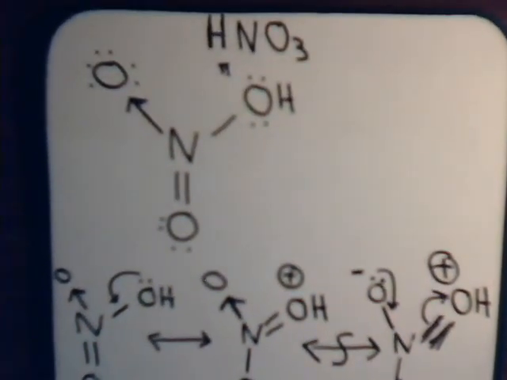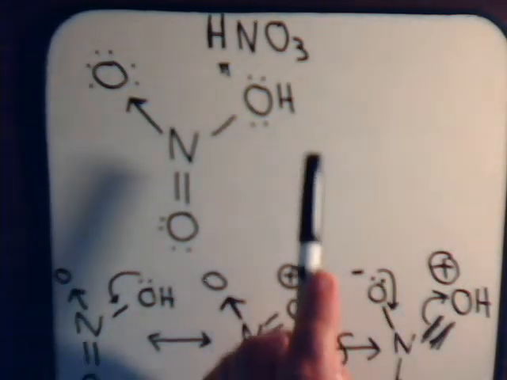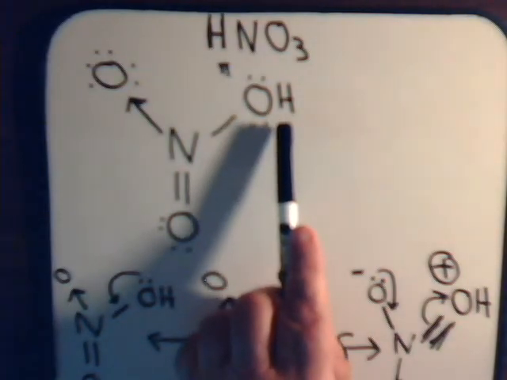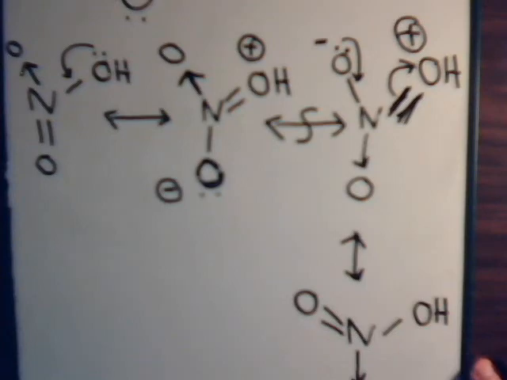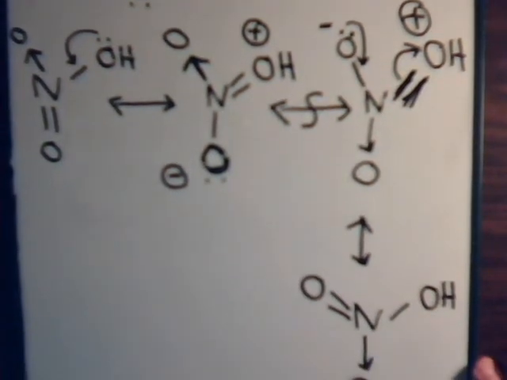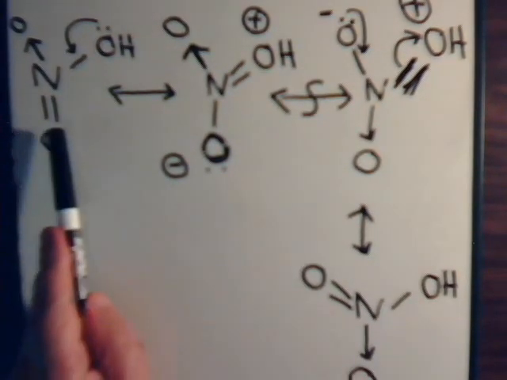So when these are all reasonable structures, this would lead us to believe that nitric acid, with a fairly decent resonance system, would be an inert molecule. What motivation would it have to lose that proton when it is already, it looks like, pretty decently stabilized through this resonance system?